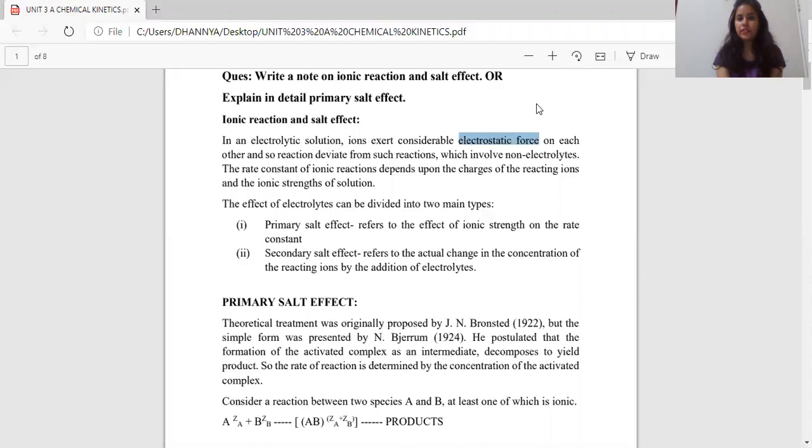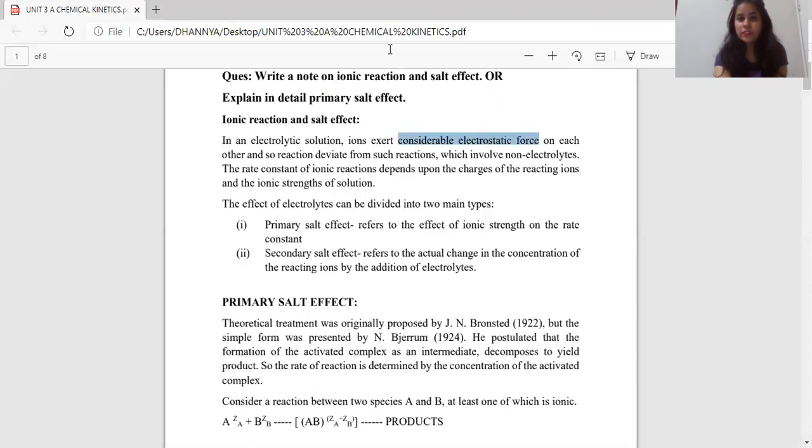It occurs because of the presence of different charges on the ions or atoms. If opposite charges are present, they will tend to attract, and if the same charges are present, they will tend to repel each other. So in an electrolytic solution, ions will have a considerable amount of electrostatic force on each other.